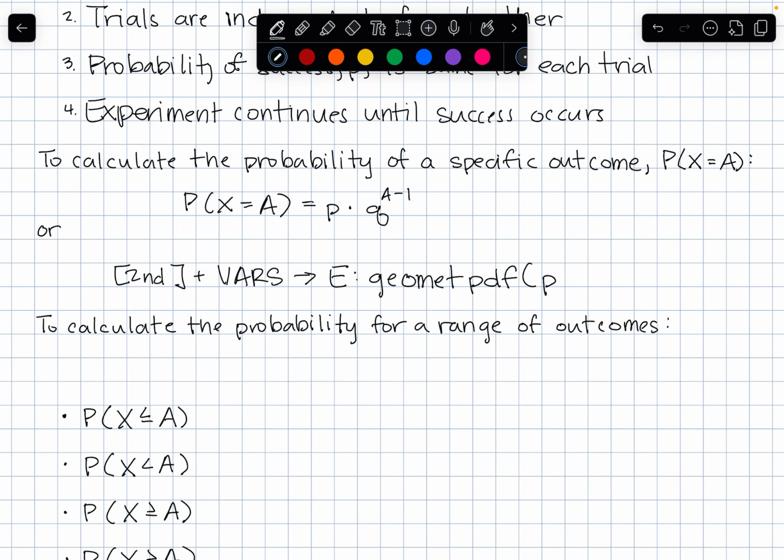It wants the probability of success, and it wants the trial number where the first success occurred.